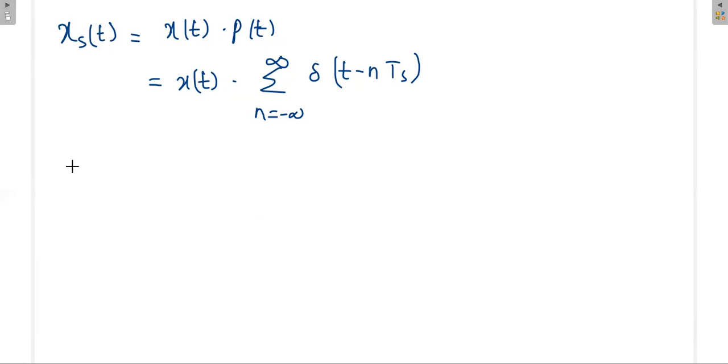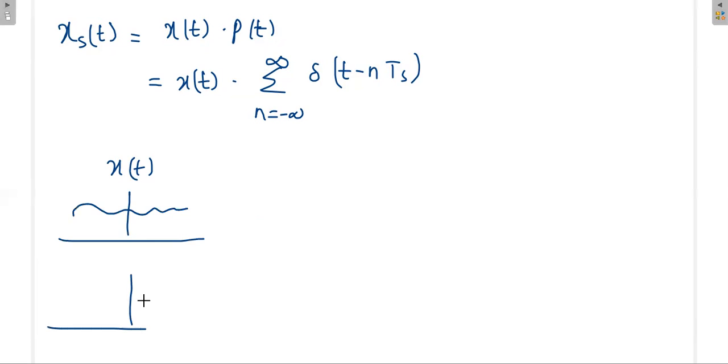If I have x of t, a signal in time domain, some random signal, then its frequency domain representation is, for example, like this, with some minimum and maximum frequency. The maximum frequency here is omega m, and as you go from low frequency to high frequency, the contribution decreases. So X of omega is the frequency domain representation of the original signal x of t.